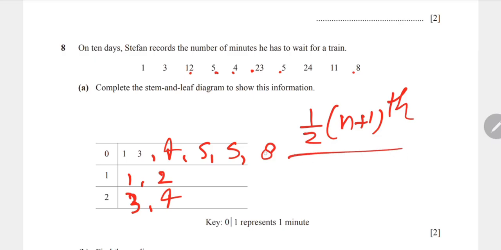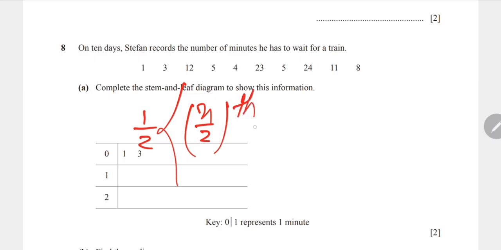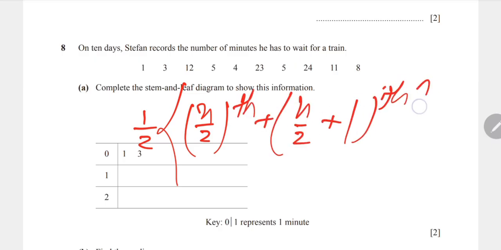Suppose I add one more number, so 11, then n is equal to 11. The number of frequencies is called n. Here it's even, so for the even we have a different formula: 1 by 2 of (n by 2)th plus (n by 2 plus 1)th term.